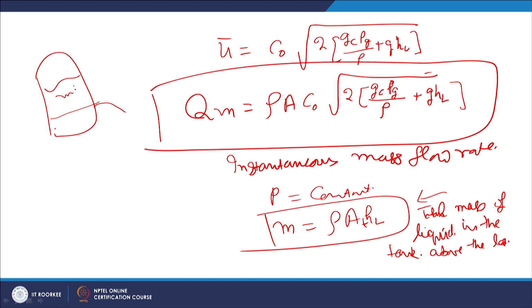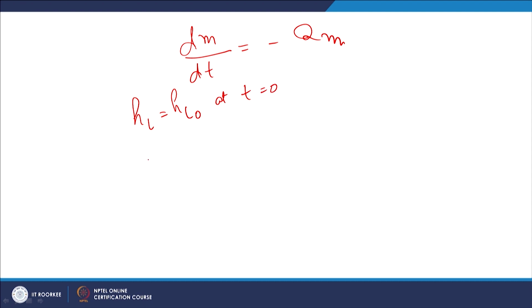Now let us have a look at the rate of discharge, the rate of change of mass. So this always has the time factor. So dm by dt is equal to minus Qm. Now if we combine all the equations and integrate, then you will find that HL is equal to HL naught at t is equal to 0, and HL is equal to HL at t is equal to t.